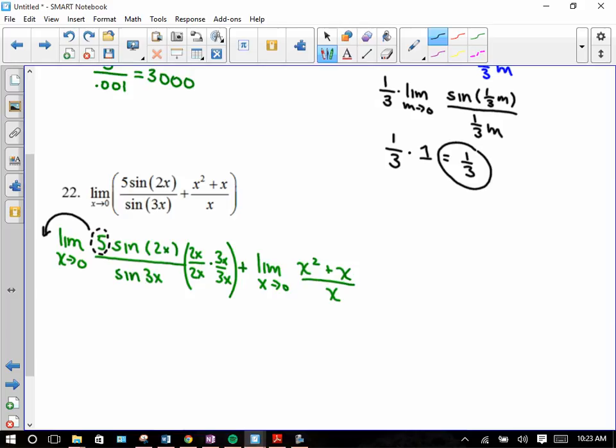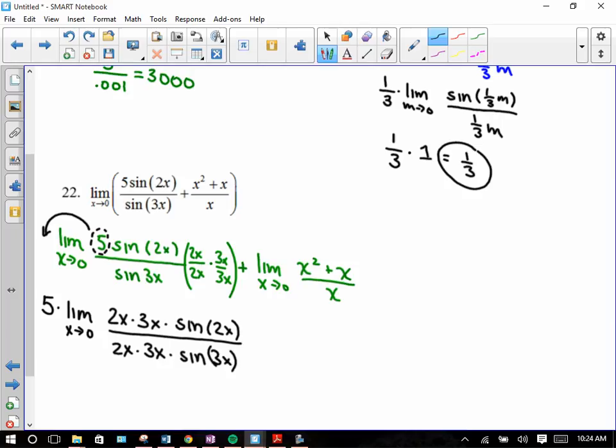So I'm gonna have 5 times the limit as x approaches 0 of 2x times 3x times sine 2x, divided by 2x times 3x times sine of 3x.